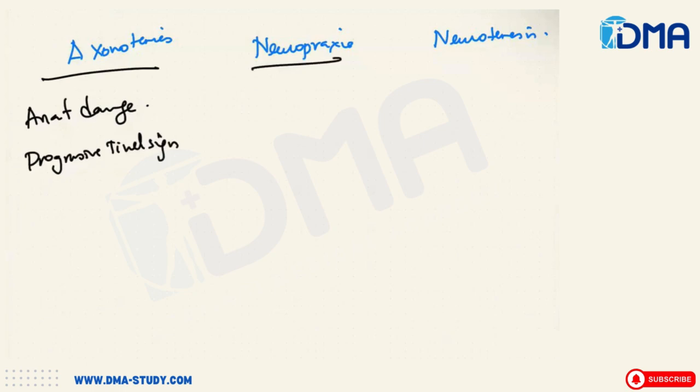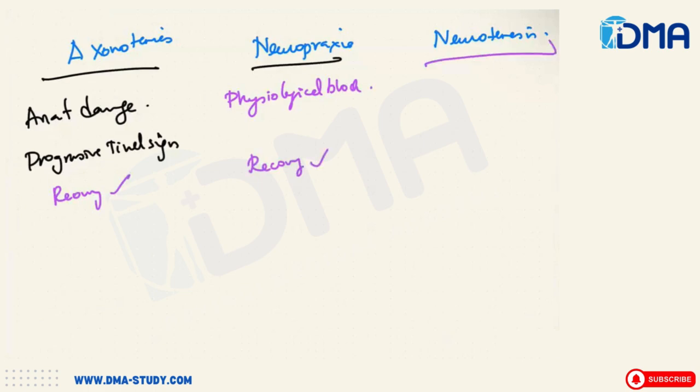Neurapraxia is because of a physiological block of the nerve. Here recovery is possible in both axonotmesis and neurapraxia. Whereas when there is a neurotmesis, it means there is a complete nerve transection.